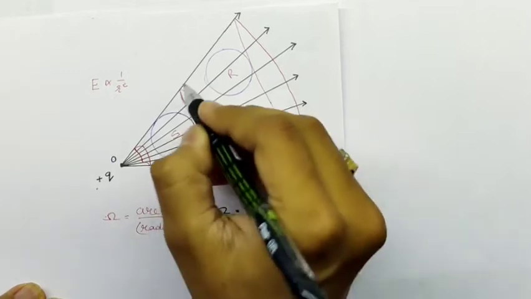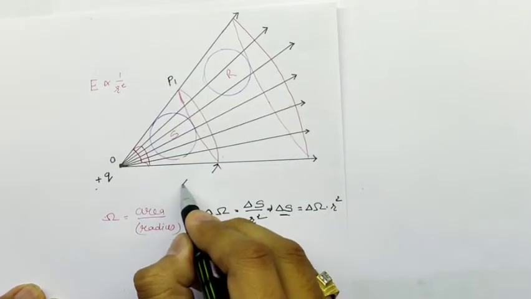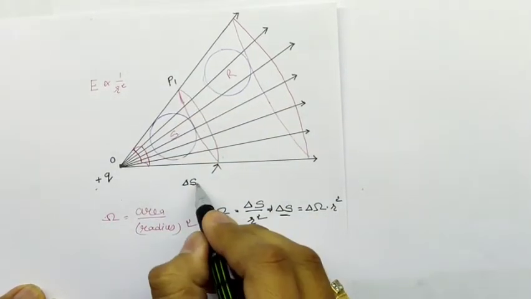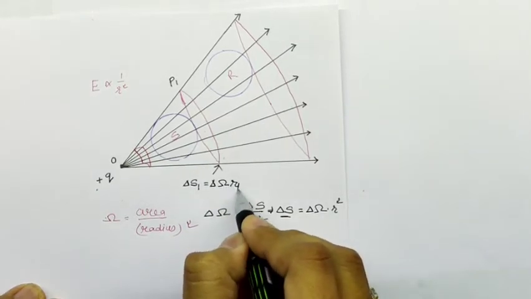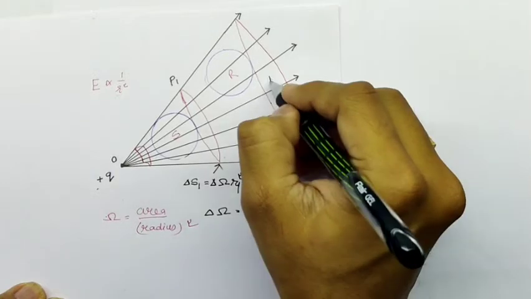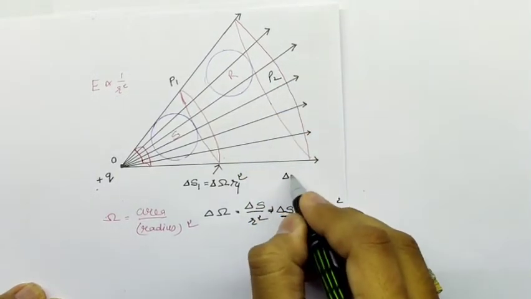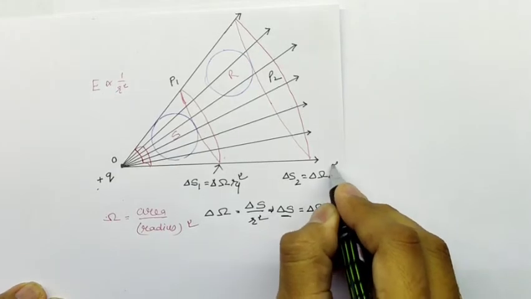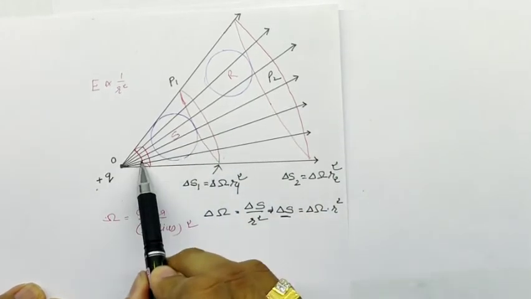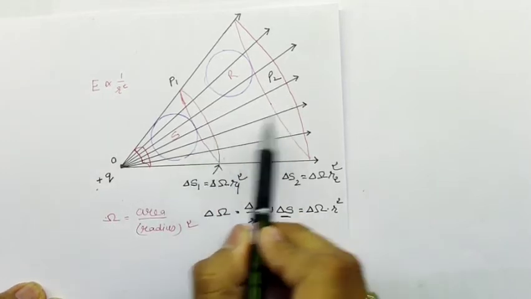For P1, delta S1 is equal to delta sigma into r1 square. And for P2, delta S2 is equal to delta sigma into r2 square. The solid angle is equal for both areas.